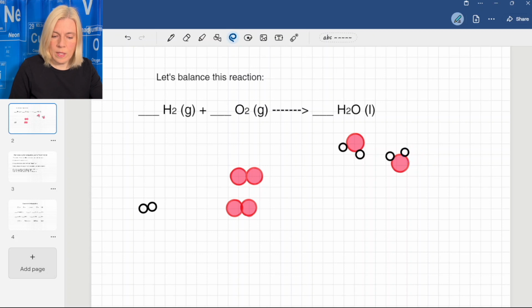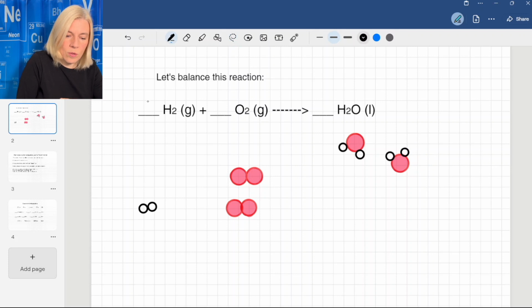Here we go. So what did I do? I used two hydrogen molecules, I used one oxygen molecule, and I made two molecules of water.